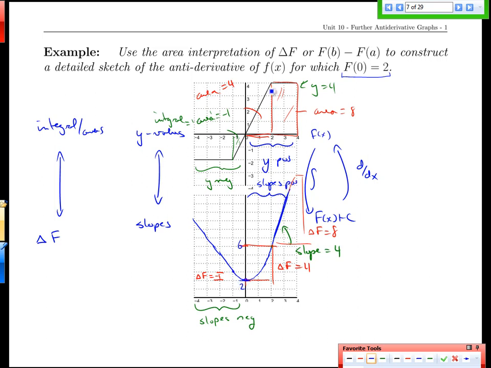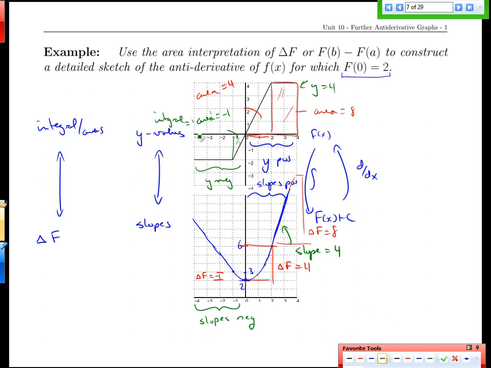Notice it's a bit steeper on this side. Why? Because the y values are 4, the slopes are 4. That's steep. On this side, the y values are -2, the slopes are -2 on our big F of x graph. And so we get shallower slopes of -2 there. And so we could add some other grounding points if we liked.